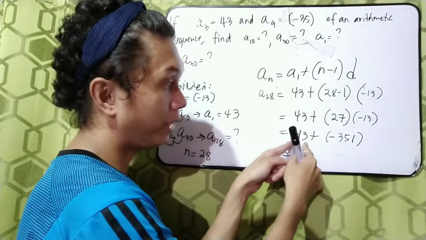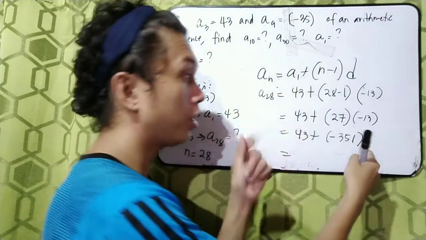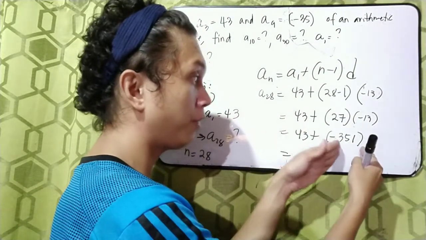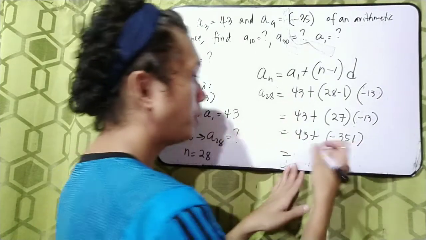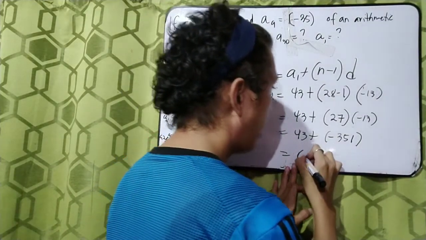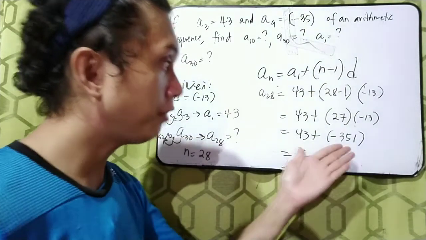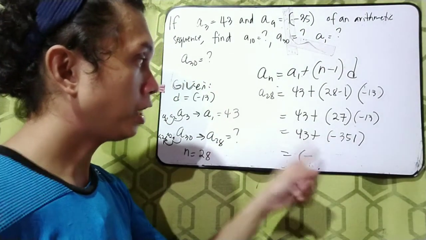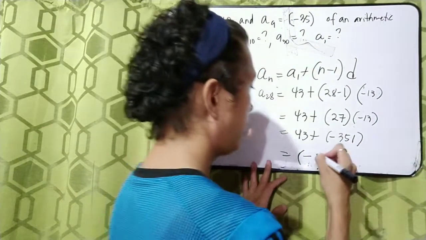Okay, now let's add. Since 43 is positive and 351 is negative, we are going to subtract them. And 351 is greater than 43 in terms of absolute value, so we carry the negative sign here. Okay? So negative 351 plus positive 43, that is negative 308.